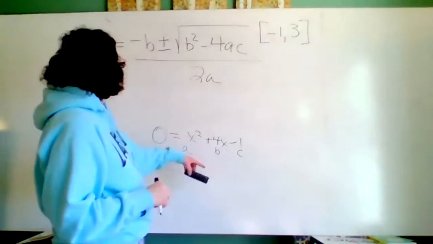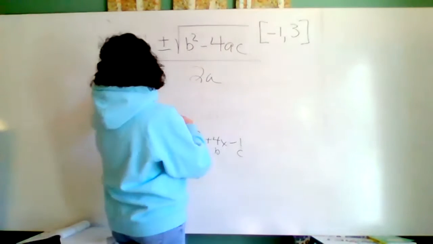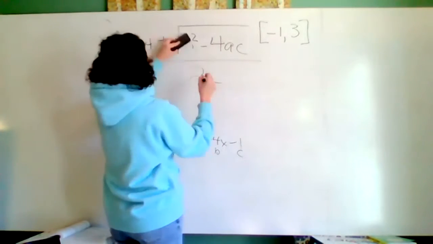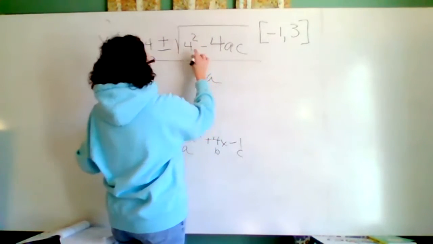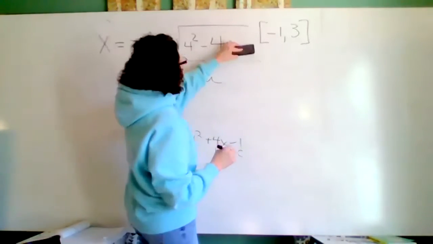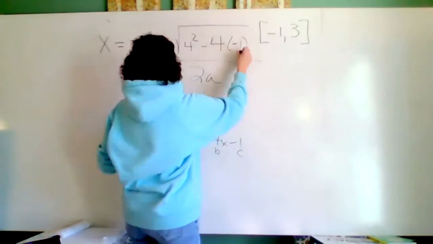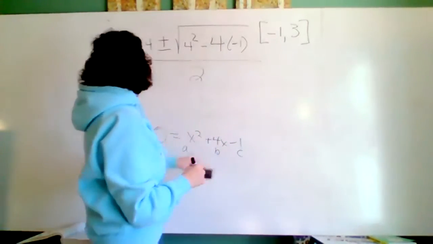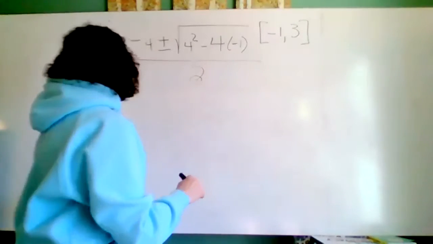So I'm just going to put in my values. My B is 4. My A is 1. My C is a -1. There we go.